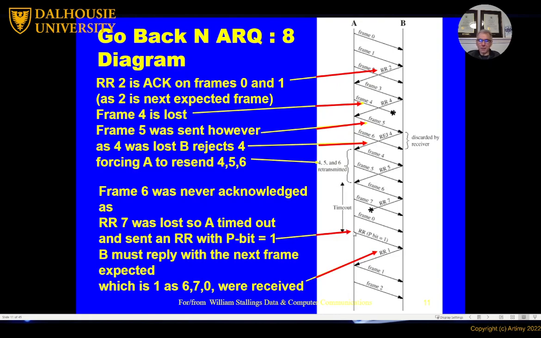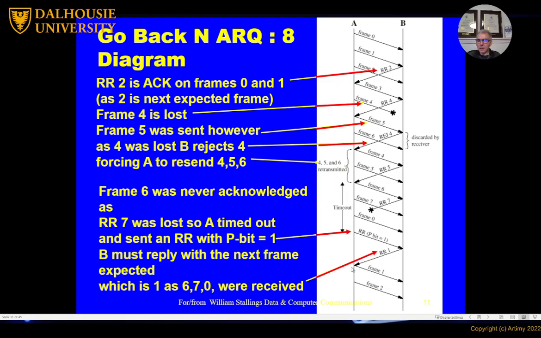It's a control frame that we will talk about later when we talk about the HDLC protocol. It is sent from A to B, simply asking B, please send me an acknowledgement because I haven't heard from you in a while. At this point, B has received 6, 7, and 0 correctly, so it sends RR1, an acknowledgement of please send me 1.